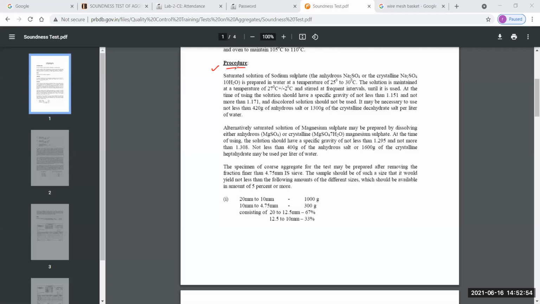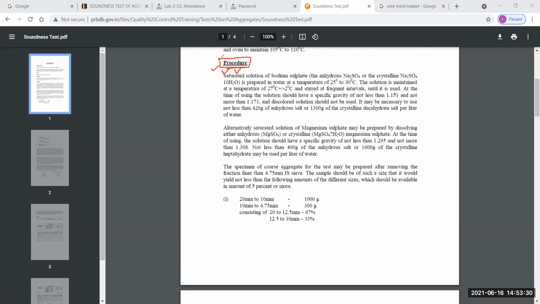Okay, you read this procedure. Amit, you read the procedure of this test. Sir, should I read? Yes, you read. Okay. Amit, leave it, you read. Yes, sir. I start from your side.